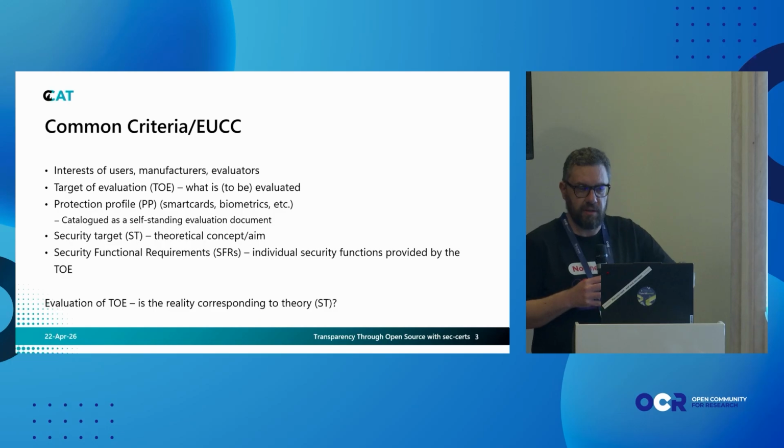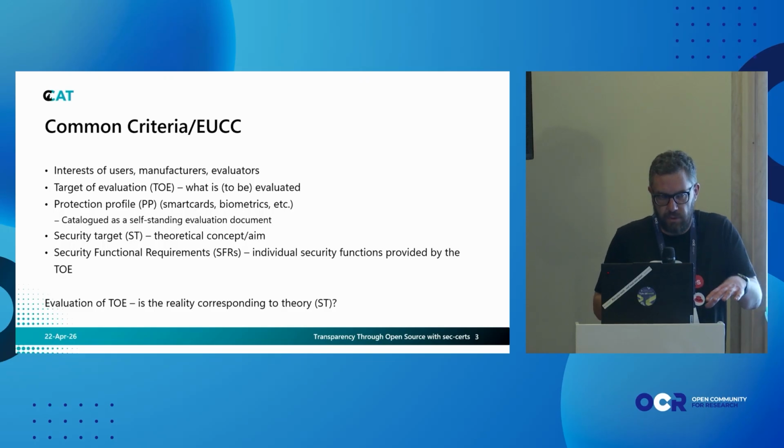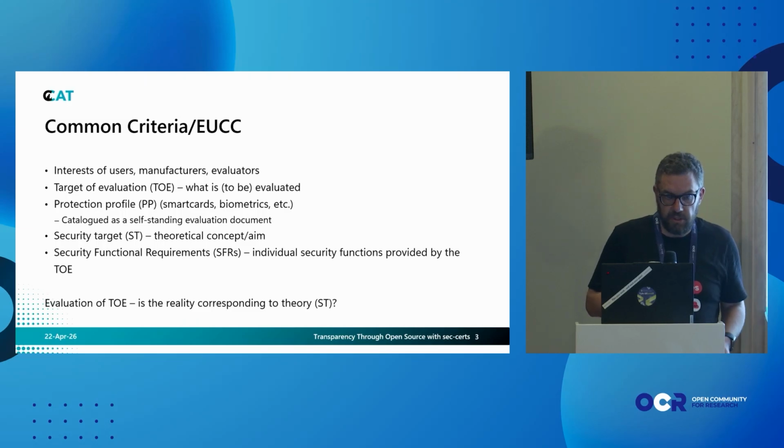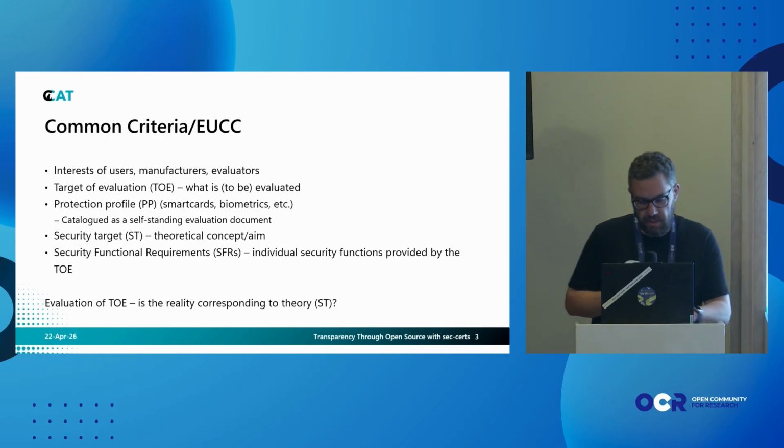The evaluation of the target of evaluation is the reality check between what's in the security target, a document that contains these SFRs, and what's in your product. And then we have something called a protection profile. The protection profile is more like a catalog library of these SFRs. That's a template used.